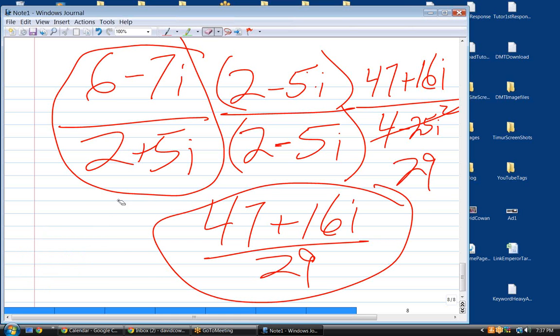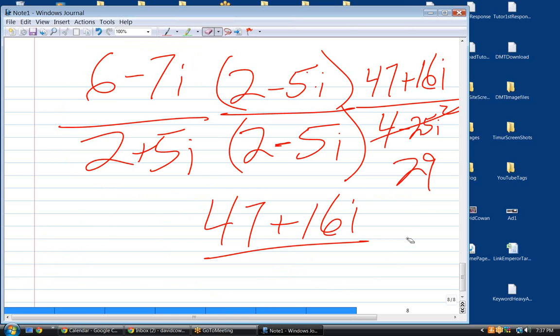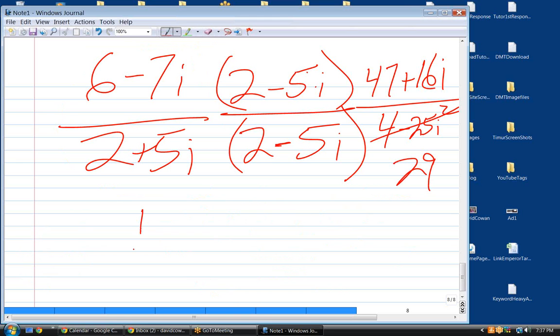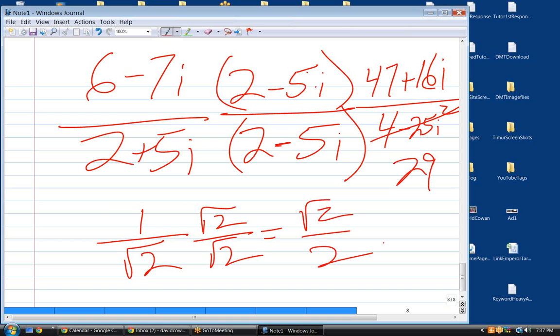So division really isn't division. It's similar to rationalizing the denominator. If I said to you, how do we solve 1 over the square root of 2? Well, you don't try to divide 1 by the square root of 2. You multiply top and bottom by the square root of 2, getting the square root of 2 over 2.